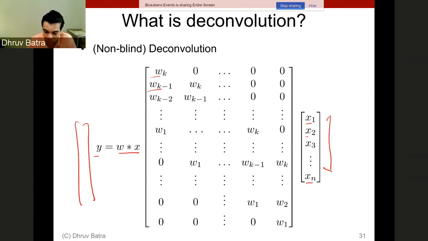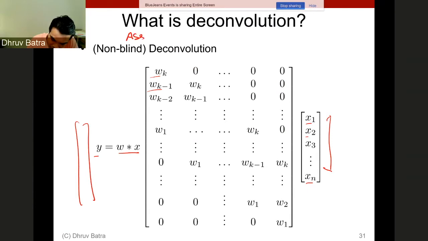But what I'm going to do is make a further assumption that is not going to be true in general, but if it were true, would make our lives easier, and it would also help us make a connection between deconvolution and transposed convolution. Let me write this down.